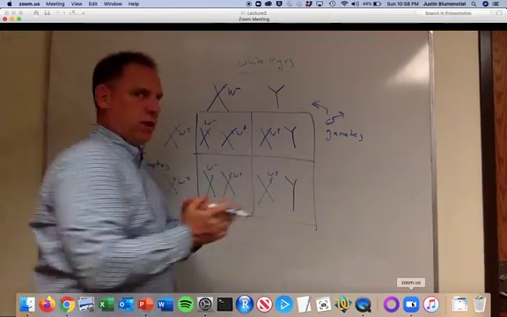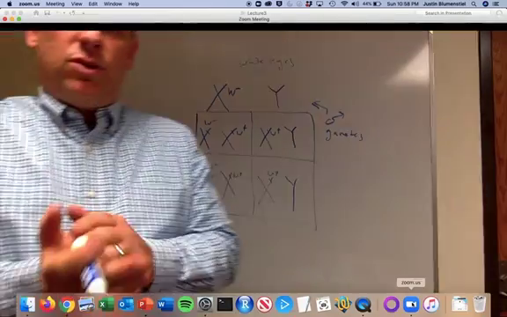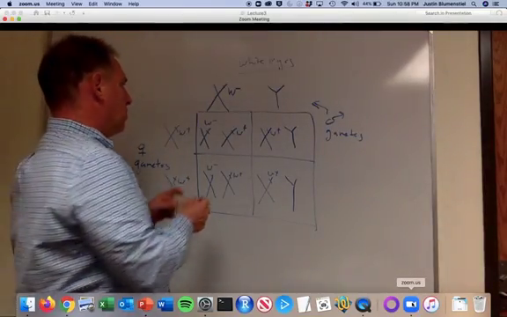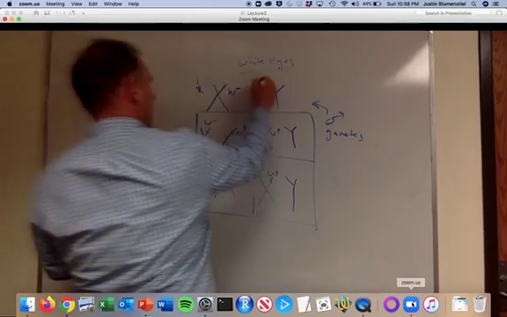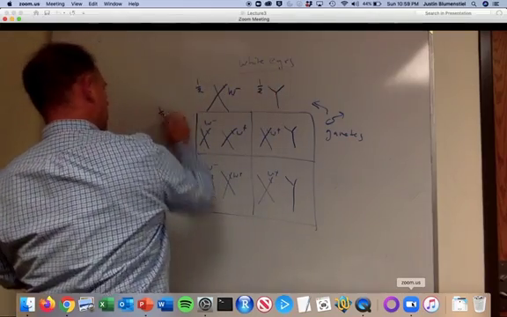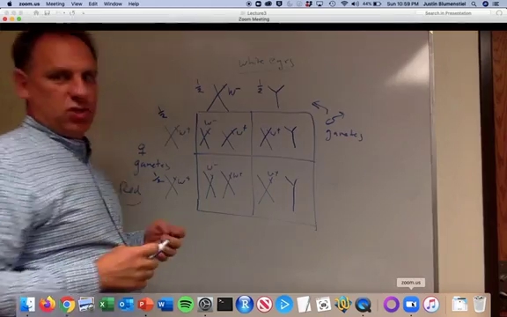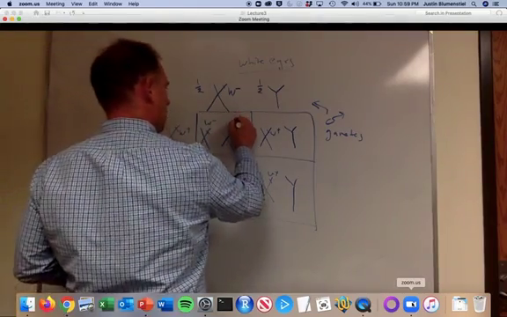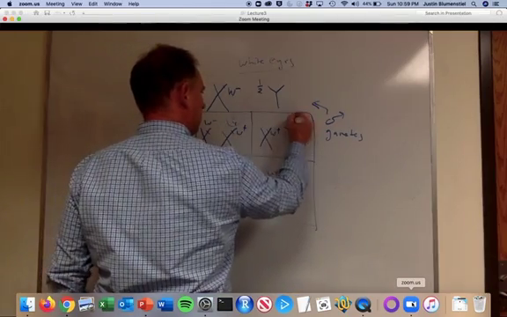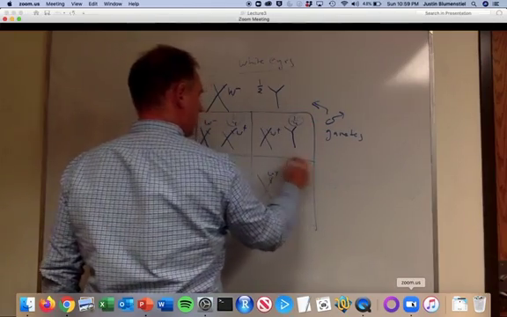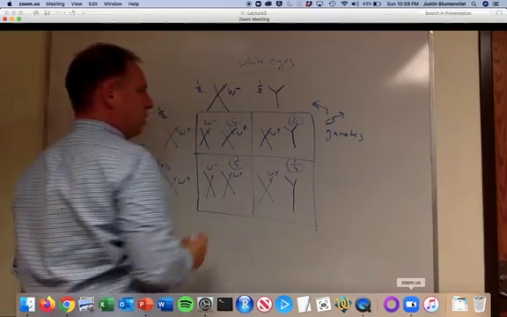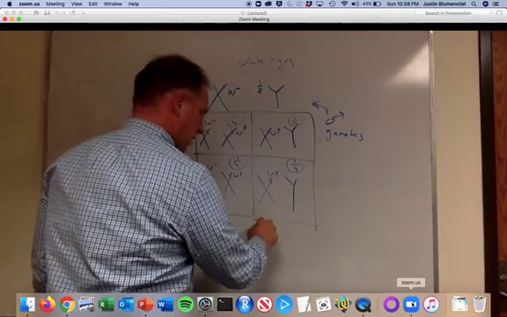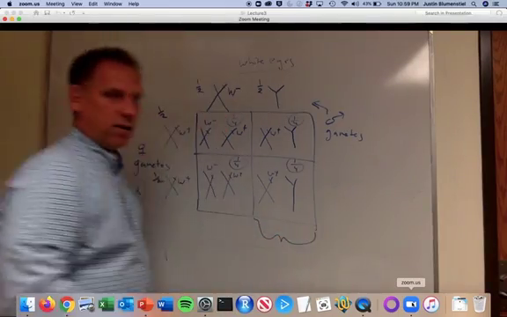All right, so now we're going to look at these. You could do it however you want, but the way I would do it is the first thing we do is we look at the sexes, okay? And so this is all 50-50, one half, nothing weird about distortion of the ratio. So this is going to be 1/4, 1/4, 1/4, and 1/4. Because of this, these ones are the males, and the reason we know they're males is because they have a Y chromosome.